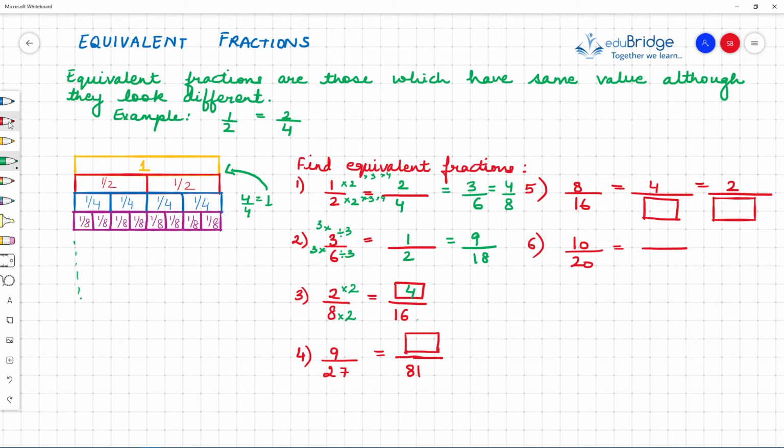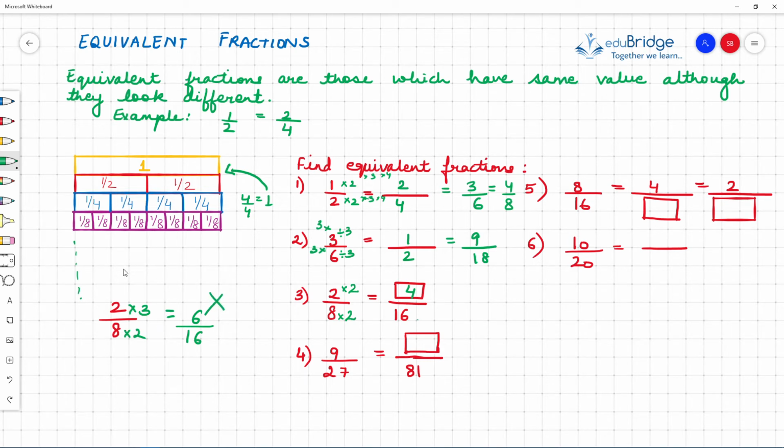Let's take the same example. Can I do this? I times this by 2 and times this by 3. Do I get an equivalent fraction? So 3 times 2 is 6, 8 times 2 is 16. Do I get an equivalent fraction? No. This method is wrong.